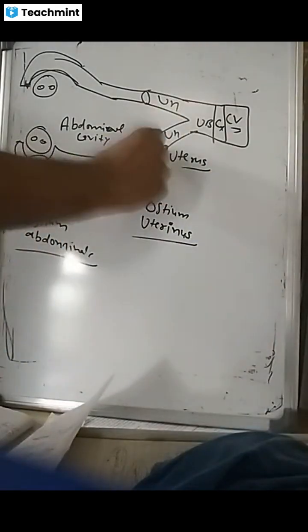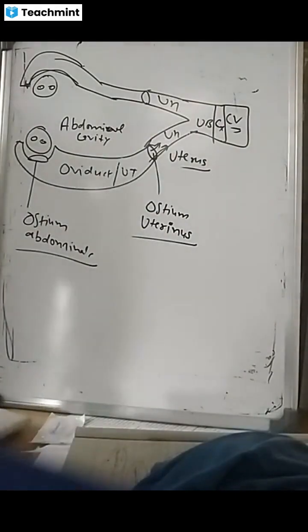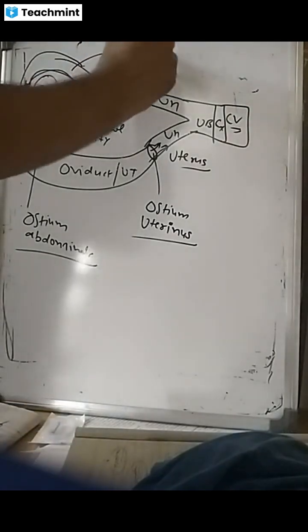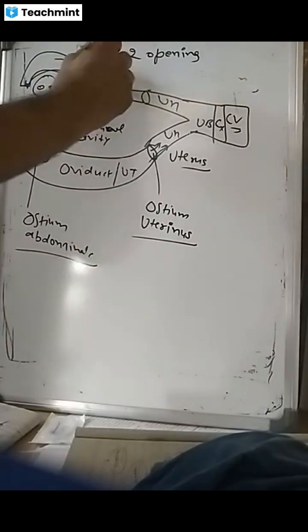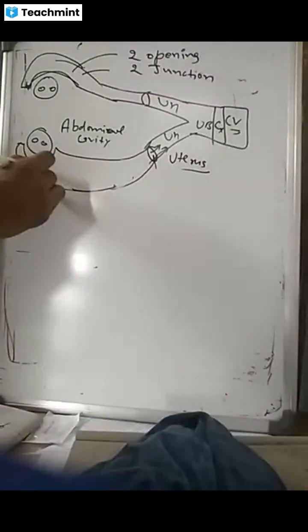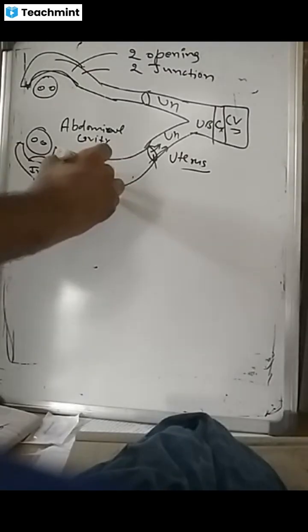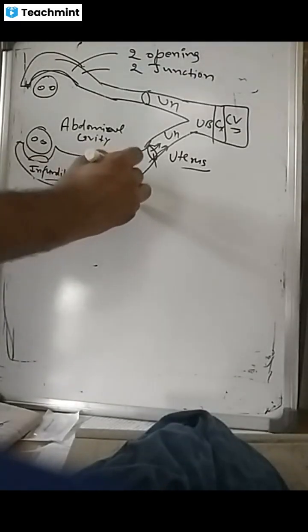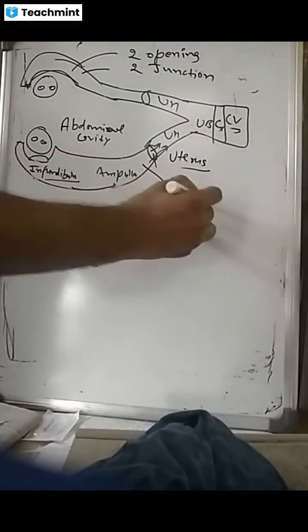It has two openings. This part has the infundibulum, and this part is known as the ampulla. The next part is the isthmus.